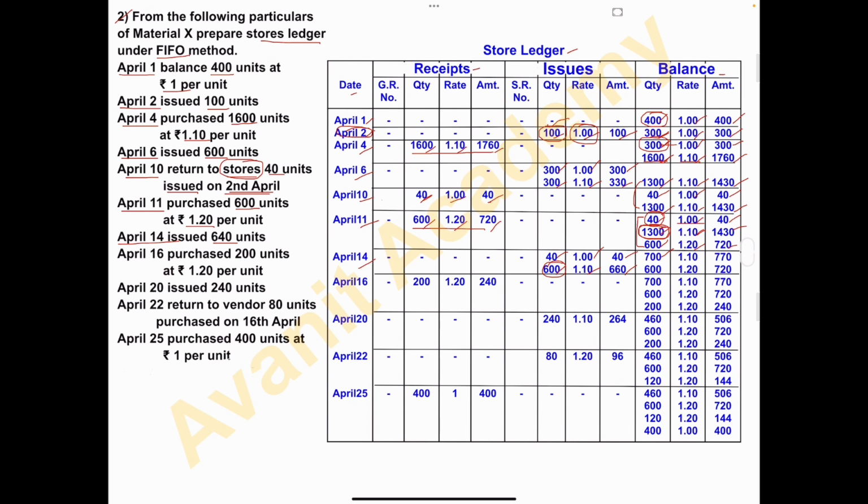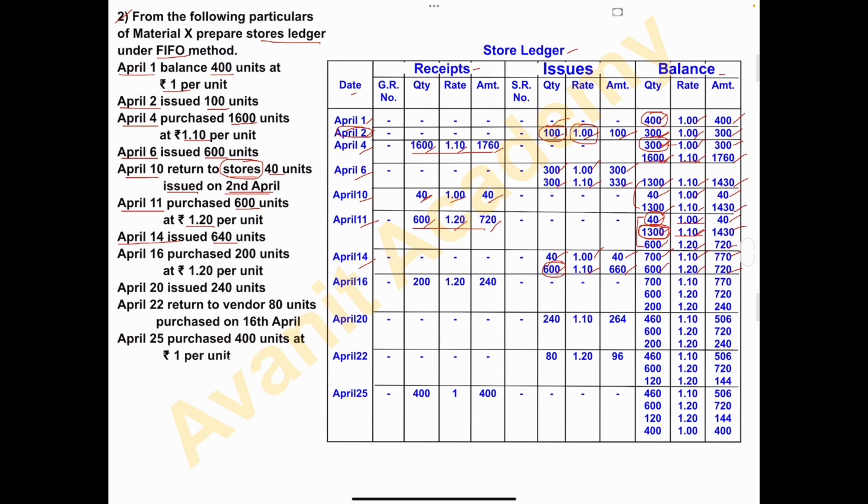And for this 1300 bag, the rate per unit is 1.10. We'll take that and the amount is 770. And this 600 stock as it is because we have not issued anything from this stock. So we'll write as it is 600 at rupees 1.20 and the amount is 720.